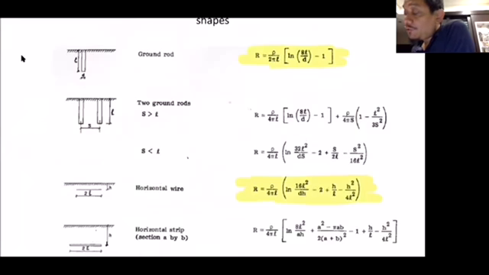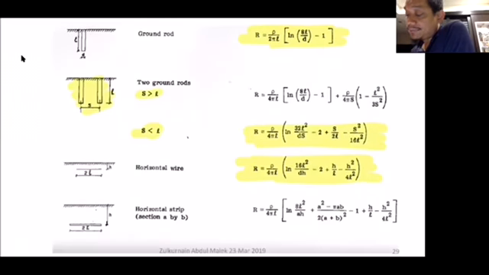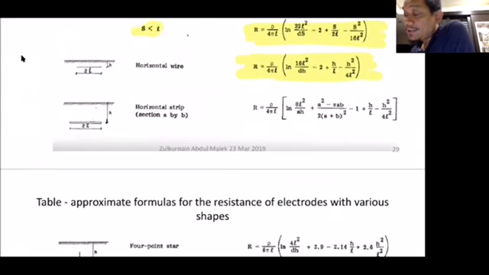If you have two vertical like this, then the formula becomes like this. It depends on your S and L. Straight means it's not horizontal. It's not a cylindrical conductor. It's like a tape.